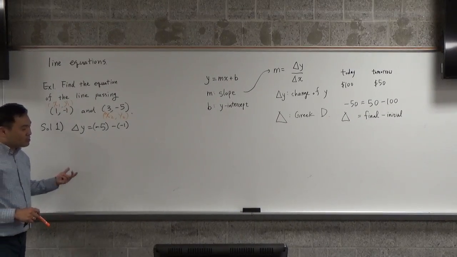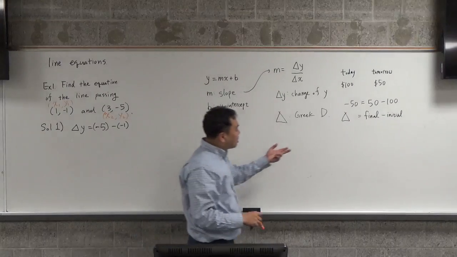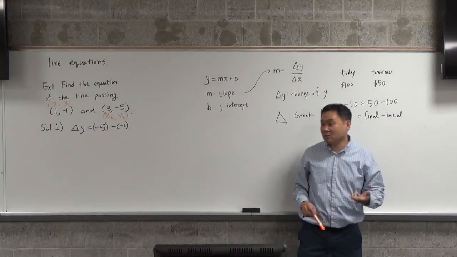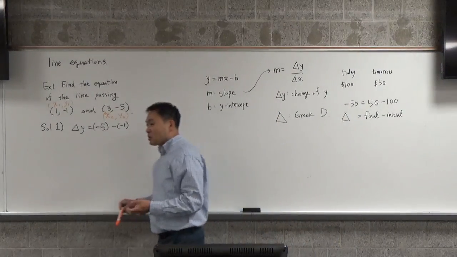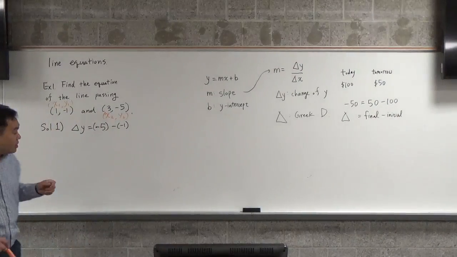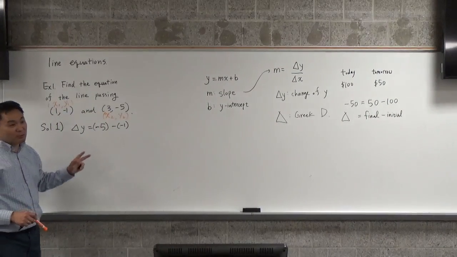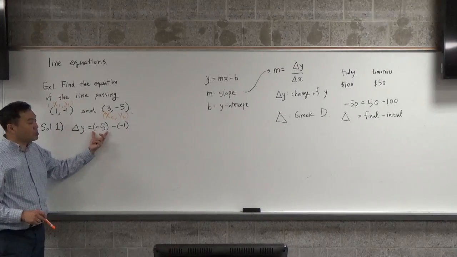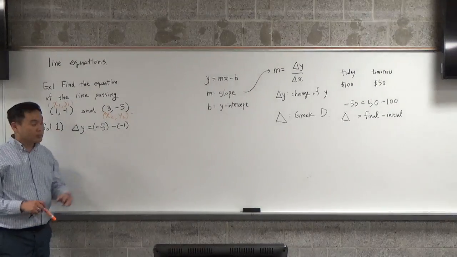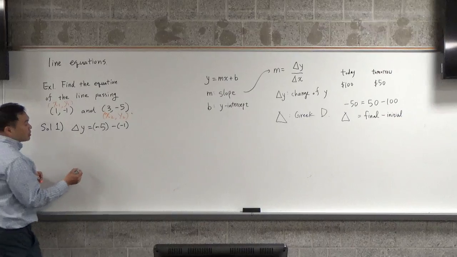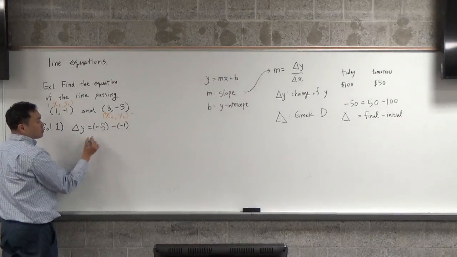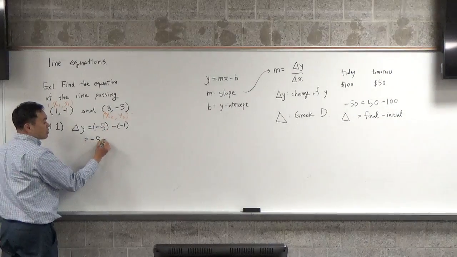But since this concept of change appears in so many places in calculus, and also in physics as well, it's good to have it right the first time. Always make sure that you're doing terminal value minus the initial value, right?